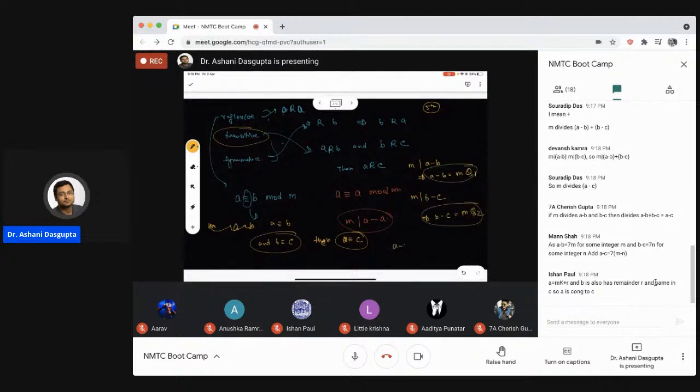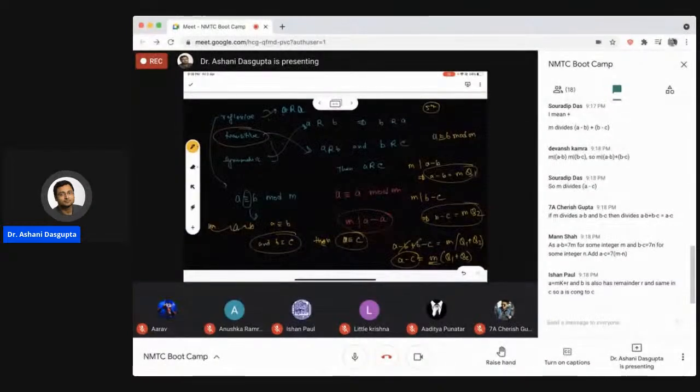We get A minus B plus B minus C equals M times (Q1 plus Q2). Negative B and positive B cancel out. So A minus C is M times (Q1 plus Q2). So A minus C is divisible by M, which necessarily means A is congruent to C modulo M, right? So we have this simple but useful transitivity rule.